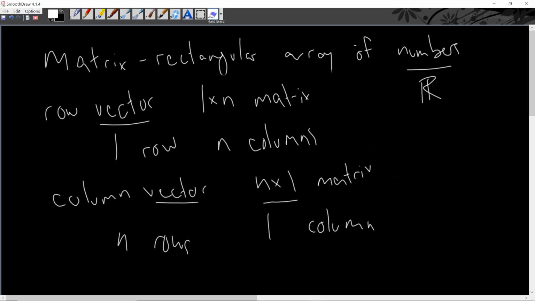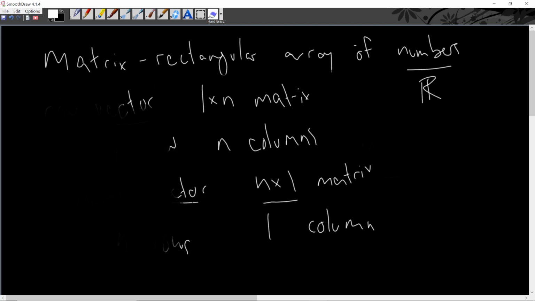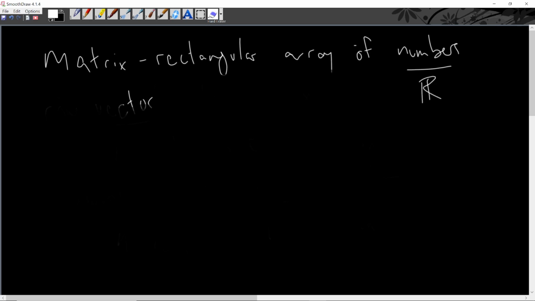And let's also talk about a square matrix. I think it's relatively intuitive what this is going to look like. It's going to look like a square. A square matrix is just a matrix of size n by n. When we have a square matrix of n by n size, we can say this is of order n.